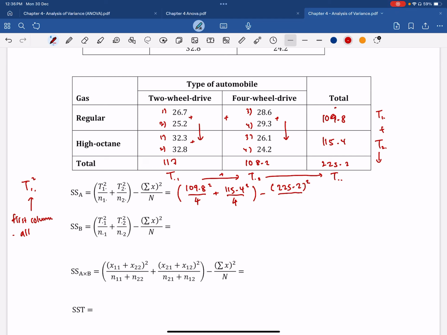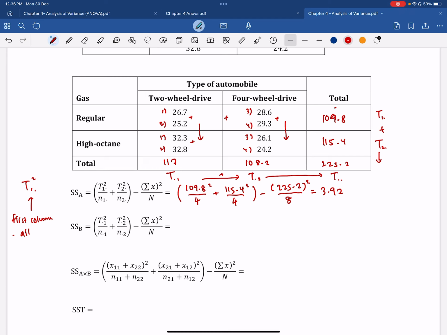How many n? 8. You will get the answer 3.92. Make sure you do this exercise and get the same numbers.